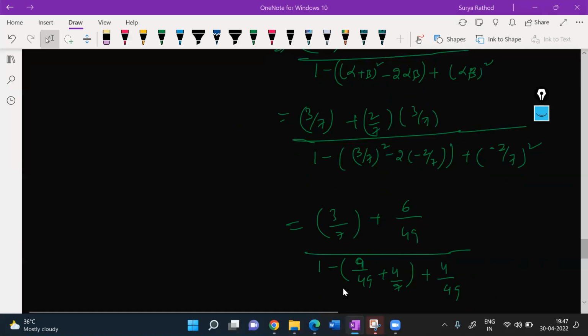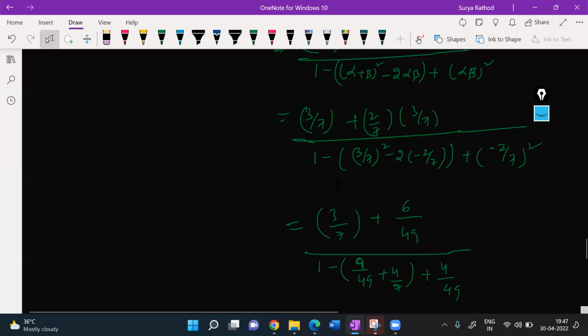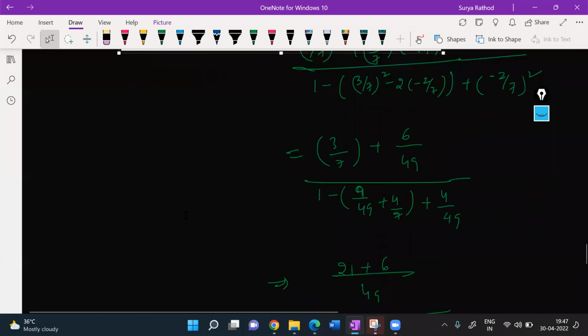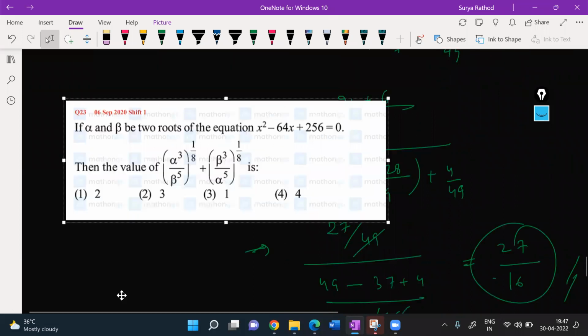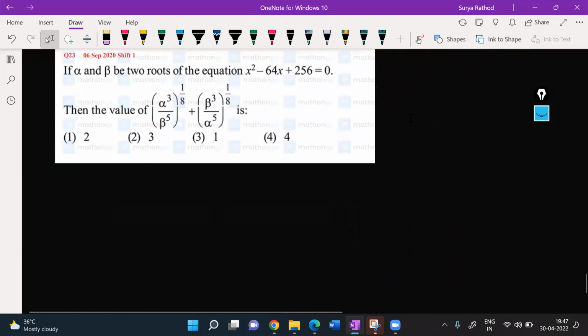Next, 23rd question. What is this question? Alpha and beta are the two roots of this equation.